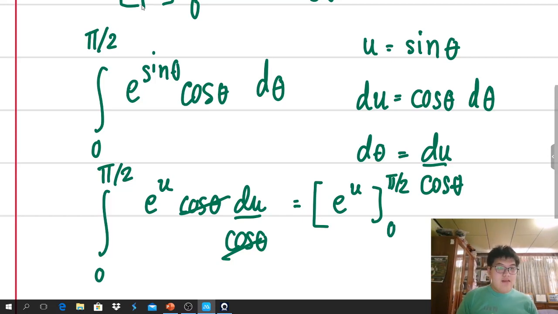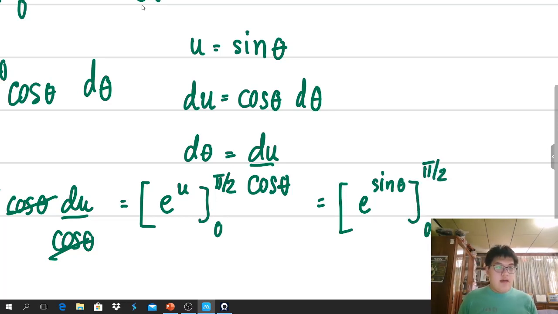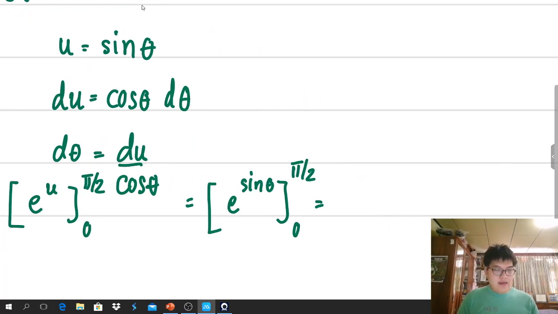And then, now in this final step, you cannot put pi over 2 in for u. You would like to substitute u back. You let u equal to sine theta, and then you will take this one to be sine theta. You get e to the sine theta, from pi over 2 to 0. Then, when you take theta equal to pi over 2, what happened? e to the sine pi over 2 minus e to the sine 0.